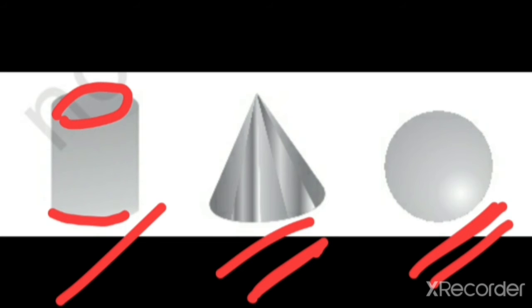Yes? Cylinder has two bases, one here and another here. They are circles. A sphere has no flat face. Can you see any flat face in a sphere? No. A sphere has no flat face.